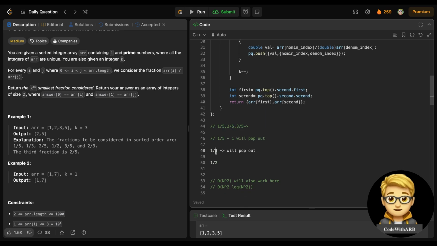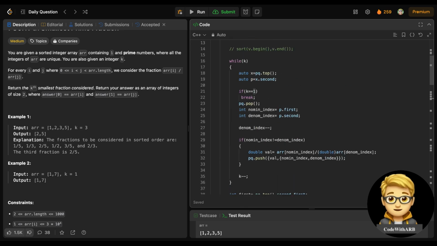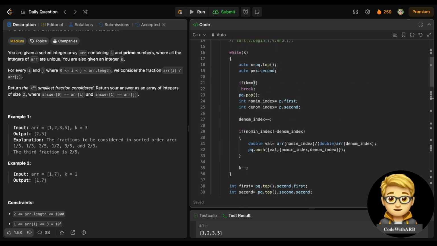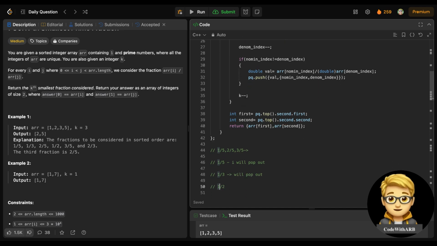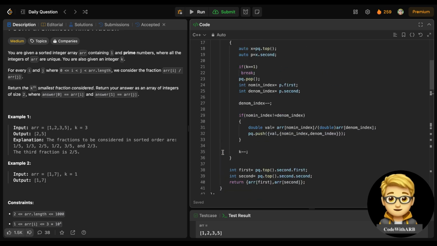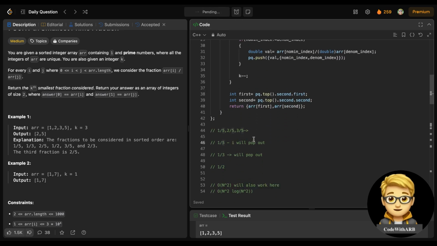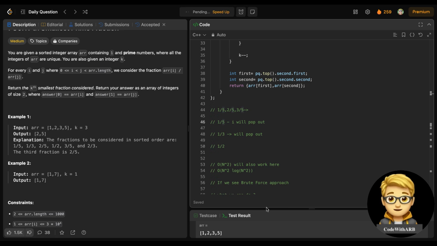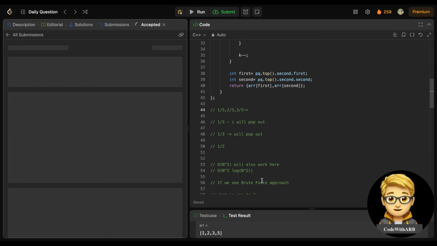So just try it with pen and paper, and you will be good to go with this. So this is how we will solve the problem with 1 by 5 and 1 by 3, right? So let's submit it. I know this is a bit confusing when analyzing with fractions, right?